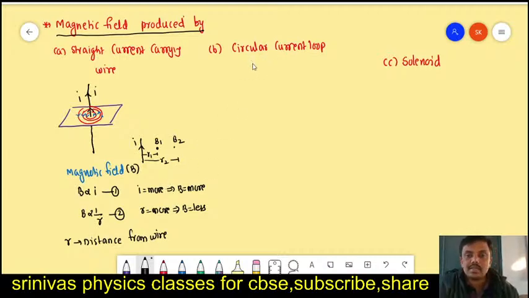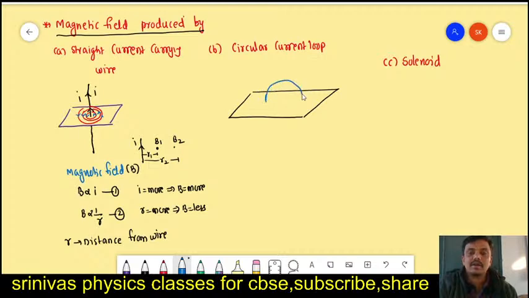And next, the circular current carrying loop. I am going to explain the magnetic field produced by the circular current carrying loop. For this again we will take one plane of paper, and here this is a current carrying wire. For example, the current carrying wire is in a circle shape like this.